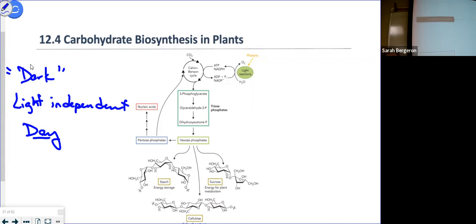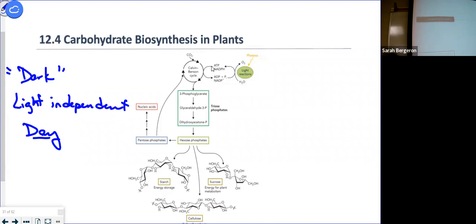You make ATP and NADPH in the light dependent reactions. You're going to use them in the dark Calvin cycle. Well, if it's nighttime and you're not making ATP and you're not making NADPH, can you run the Calvin-Benson cycle? No, you can't, right?